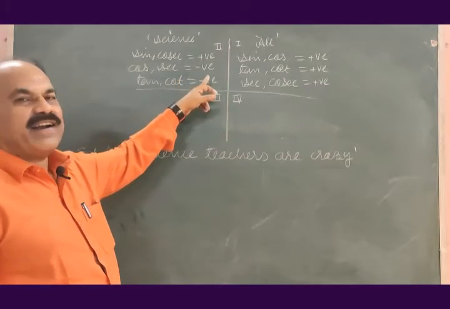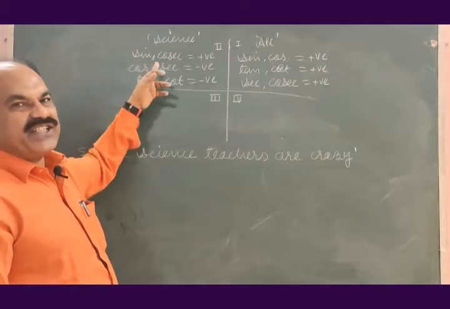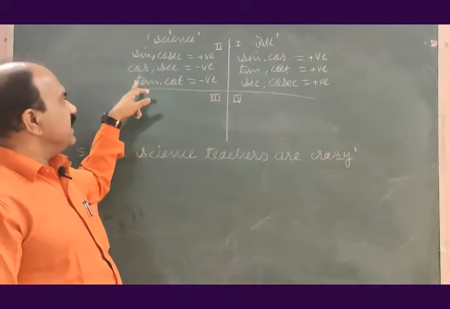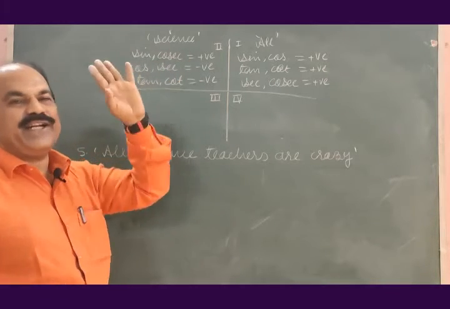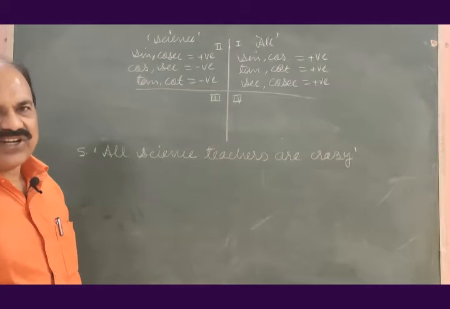All remaining are negative. Cosine, sec, tan, cot are negative in the second quadrant.